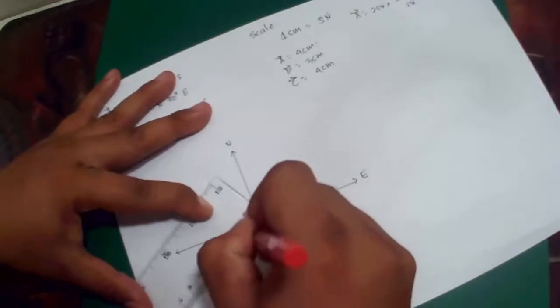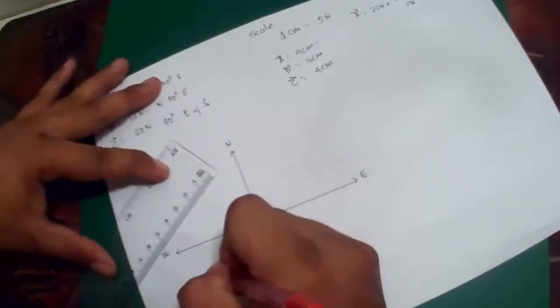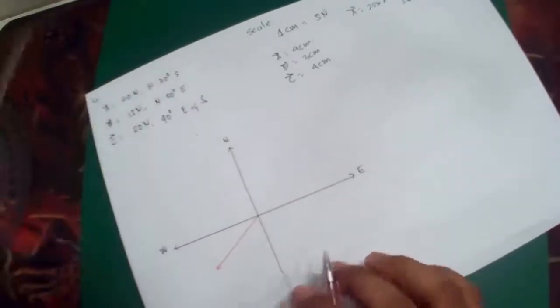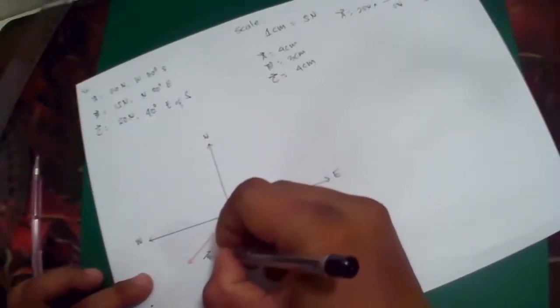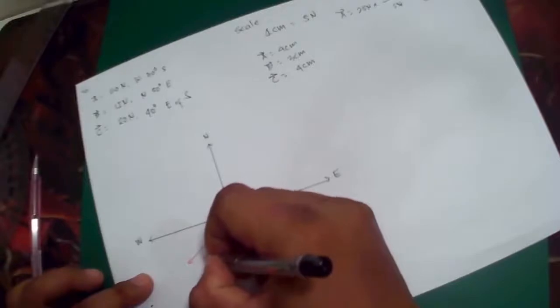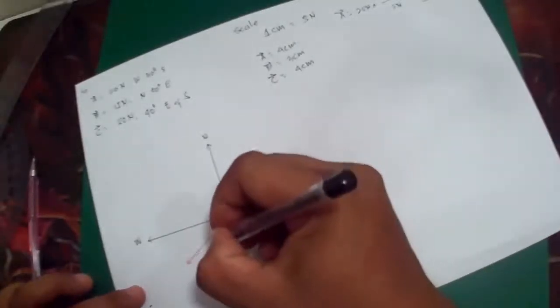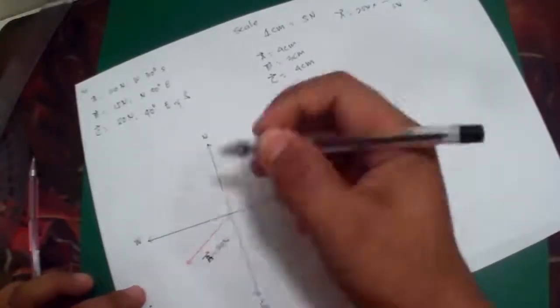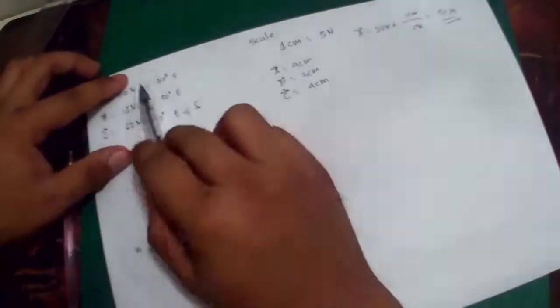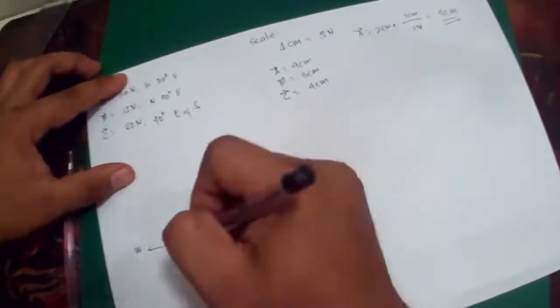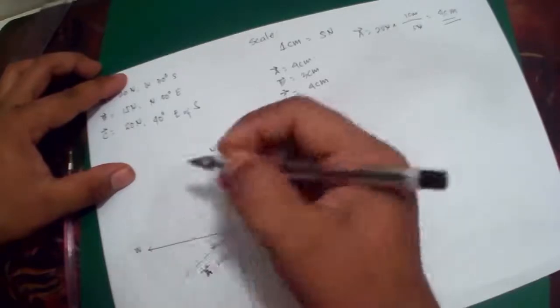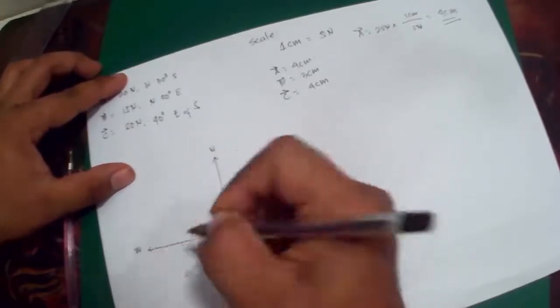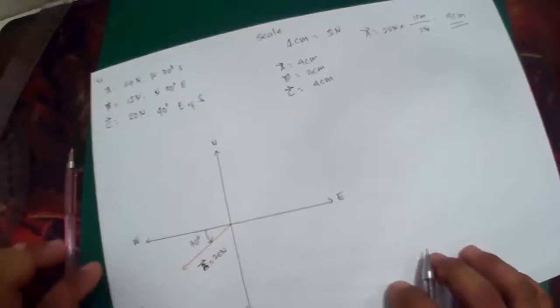So I will stop on 4 centimeters. This is now our vector A, which is 20 newtons. So the point of reference now is west. So the arrow is from west to south. And this is 30 degrees. So this is now our vector A.